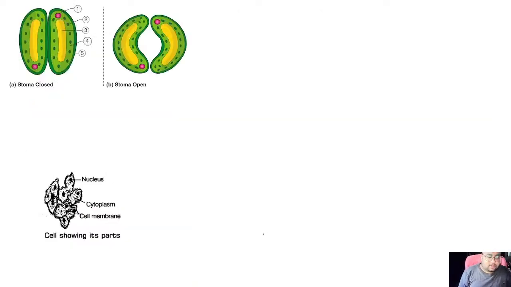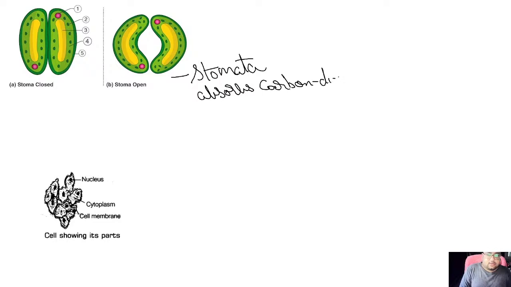As I told you previously, roots absorb water because there are minerals present in water. So what absorbs carbon dioxide? Stomata. Stomata absorb carbon dioxide. When stomata are closed, carbon dioxide goes inside.